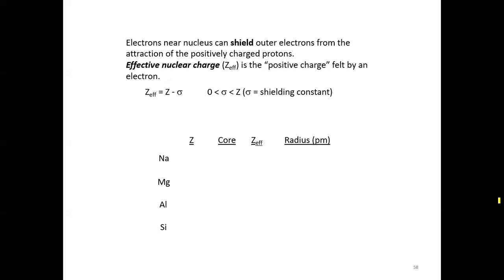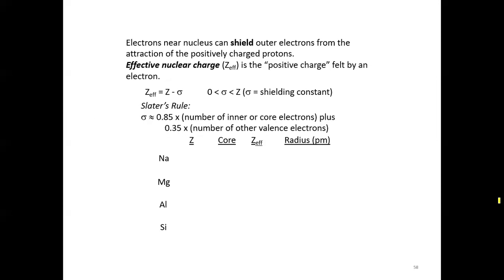It's one of these empirical formulas, in other words, one of these things that you hammer out mathematically and make work. It's called Slater's rule. It says that the way you calculate this sigma, the shielding constant, is you take however many inner or core electrons there are multiplied times 0.85, and then you add 0.35 times the number of other valence electrons.